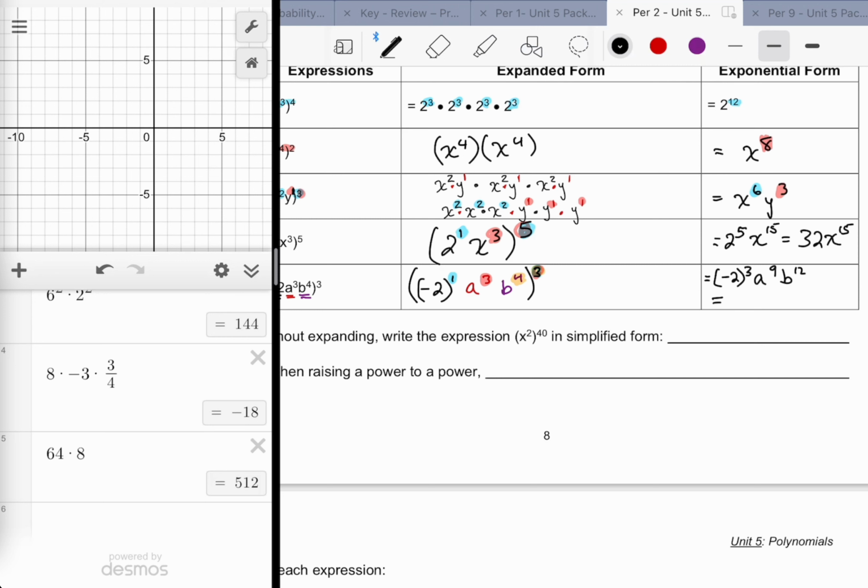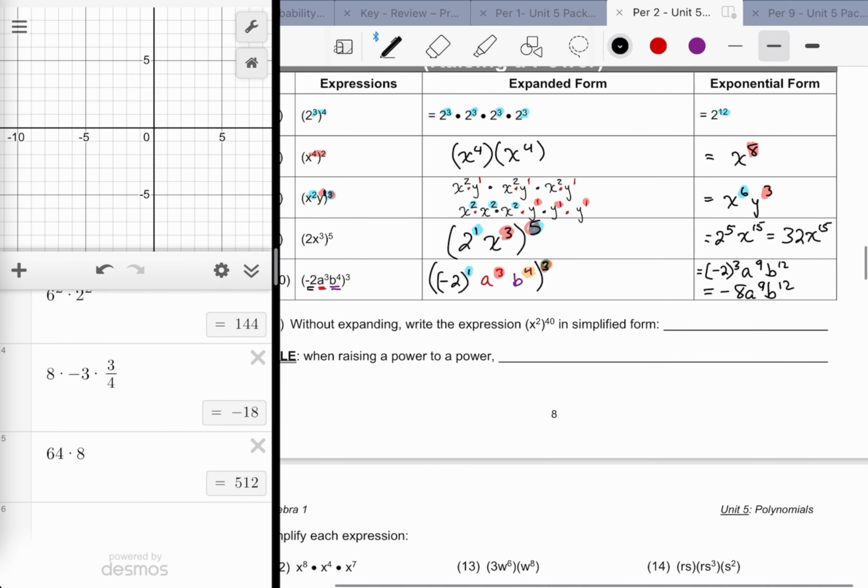So -2 times -2, 2 negatives give you a positive, so +4. +4 times -2, positive times negative is negative, 4 times 2 is 8, so -8. All right, so -8, a to the 9th, b to the 12th.